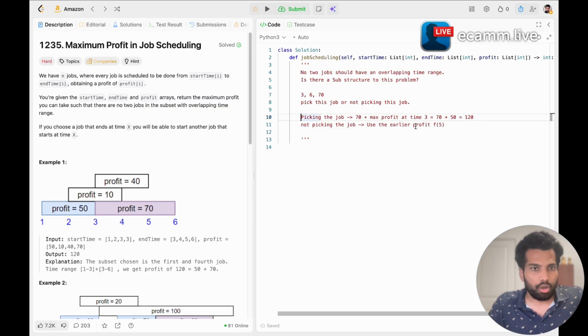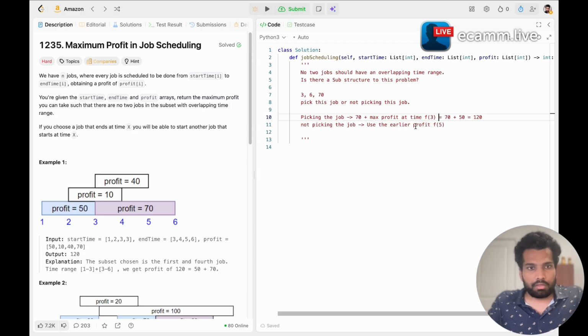If we pick the job, then we need the profit of the current job, and also the maximum profit that was made at time 3, which is nothing but the start time of this job. What is the maximum profit at time 3? Let's just say this is f of 3 for now.